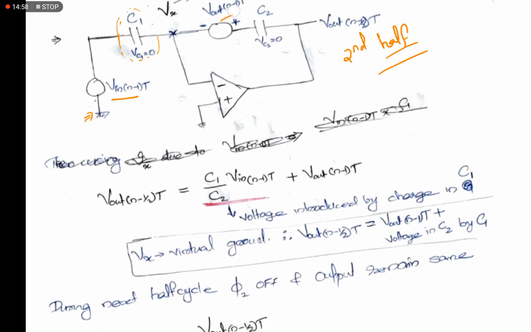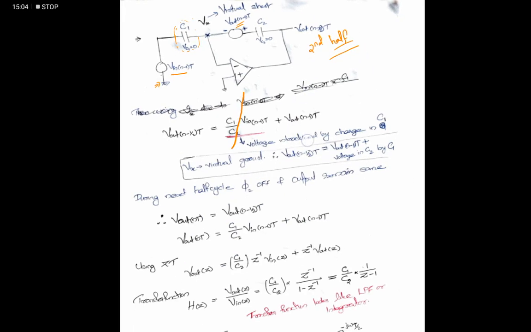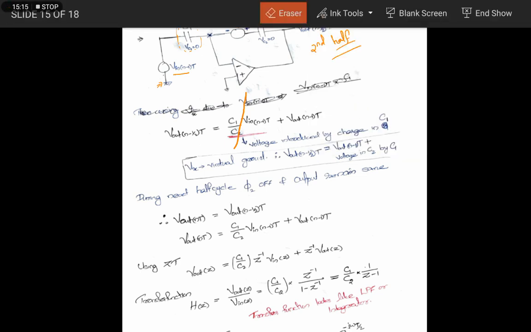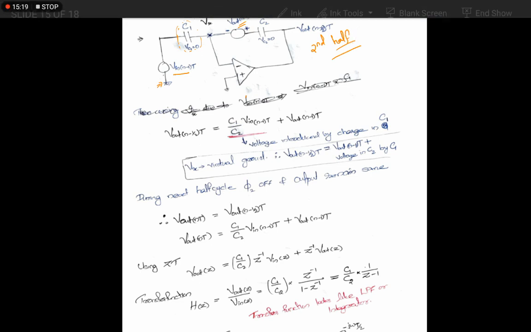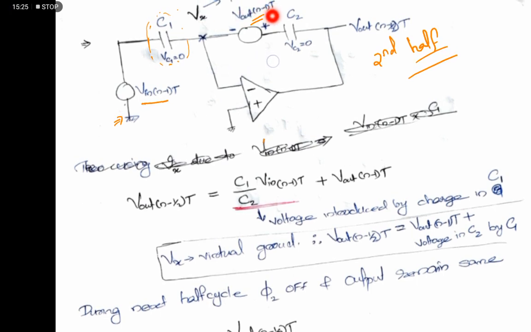C2 itself has some charge, V out of (n minus 1)T, and these two together will produce another output voltage, V out at (n minus 1/2)T when phi 2 is on, and that output will hold up to V out of (n minus 1)T also.